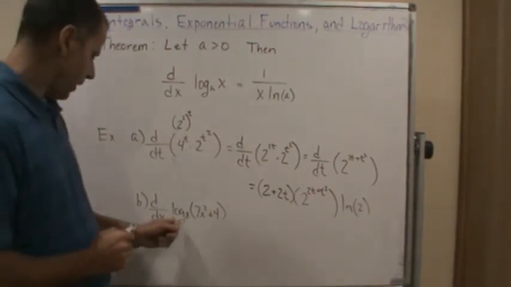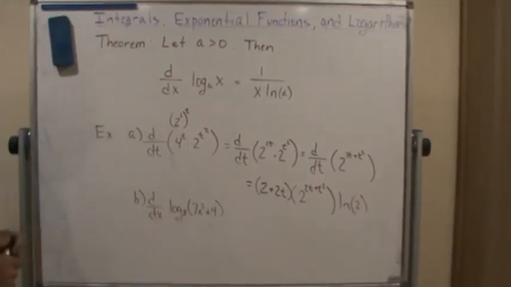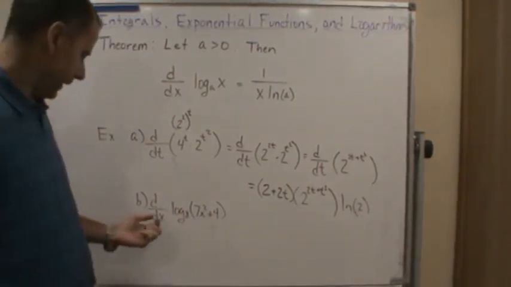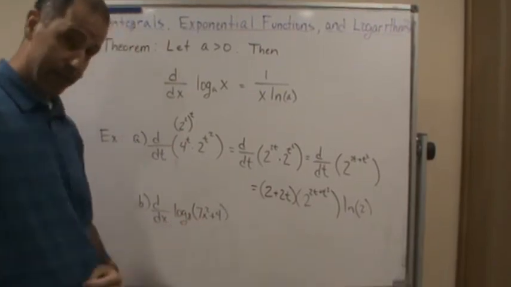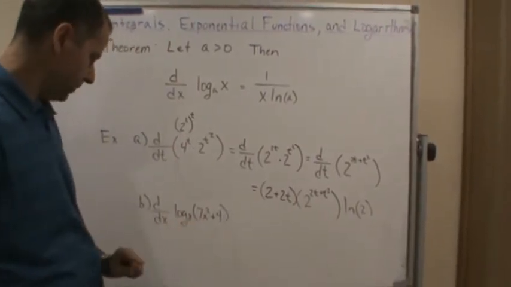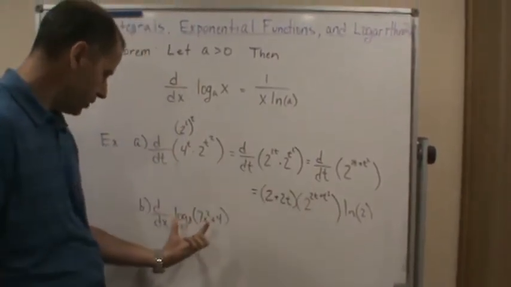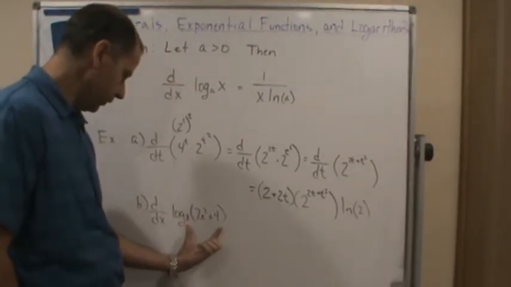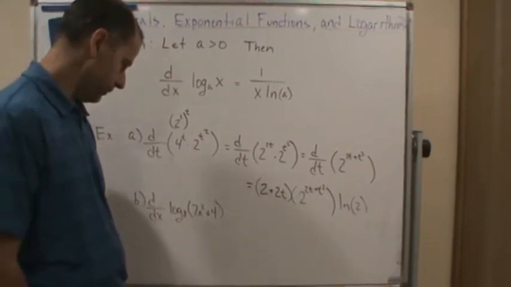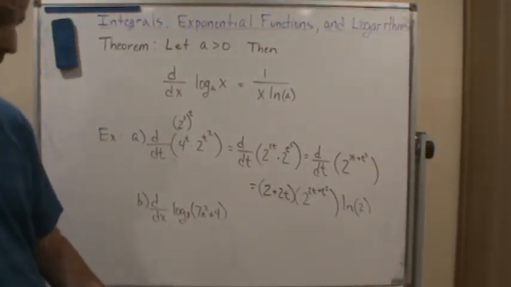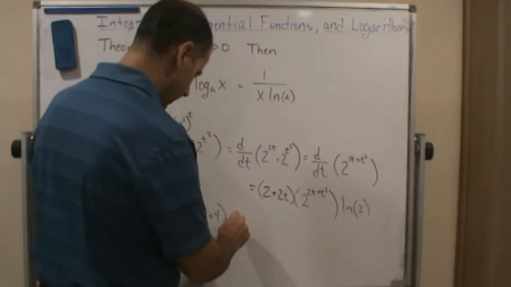So now what about the log? We're going to take the derivative of this log. Here, we're going to end up dividing by the natural log of the base, 8. We're also going to take the derivative of the inside function and multiply by the derivative of the outside function. So let's do this first.